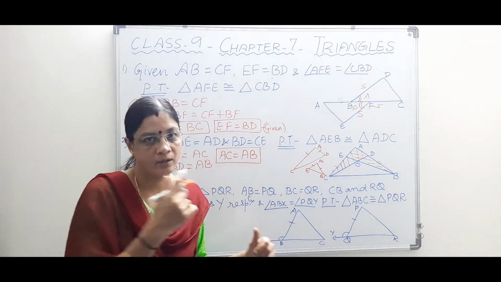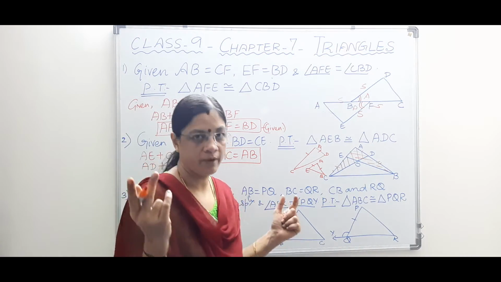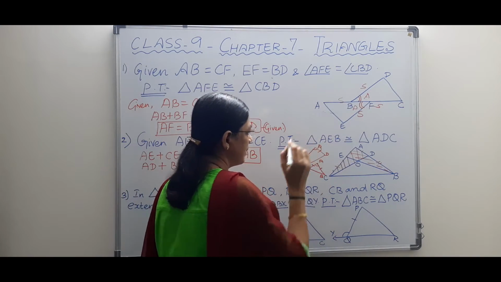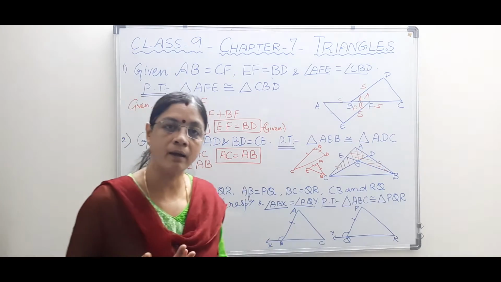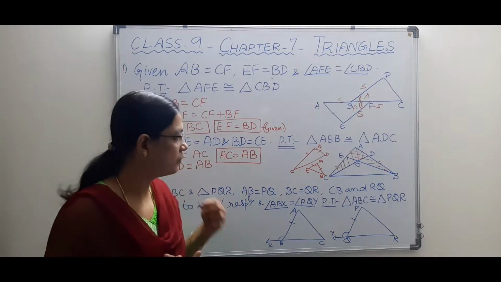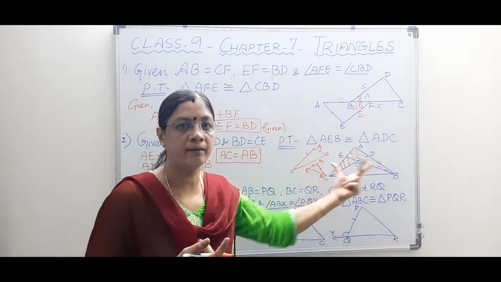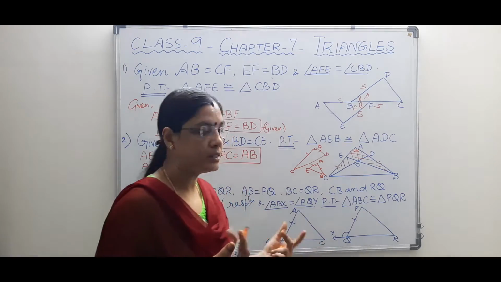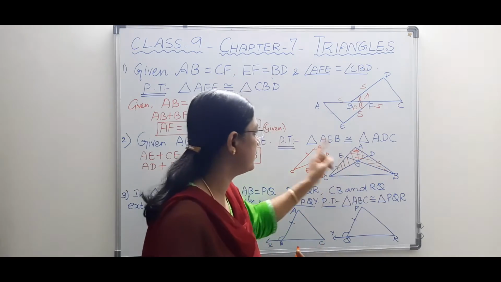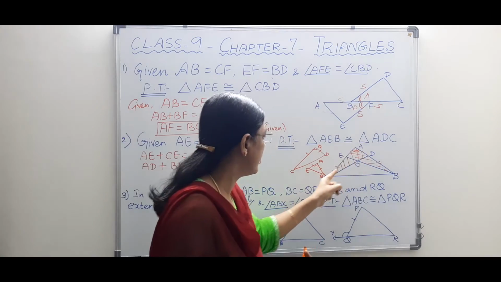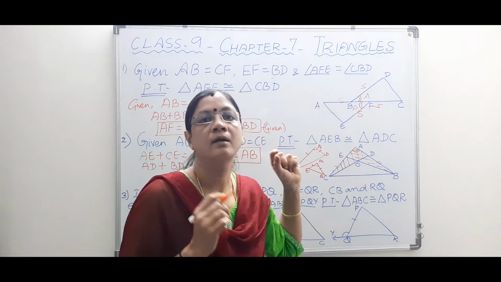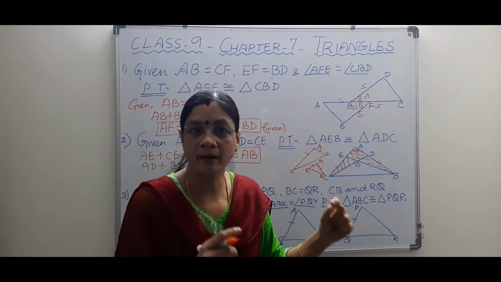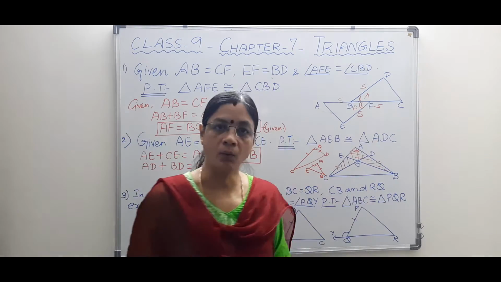And where is the angle enclosed between these two sides? We have two sides equal, isn't it? So where is the angle between them? This is the angle enclosed between them. So how will that angle be equal? If you observe the diagram, this A is common to both the triangles, triangle ABE and triangle ADC, and that A is nothing but the angle enclosed between the equal sides.